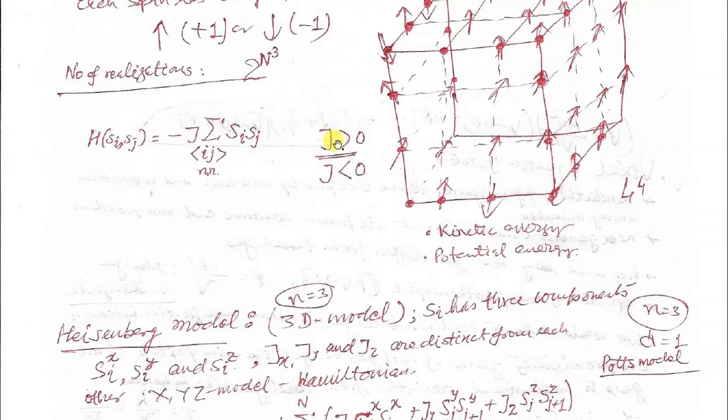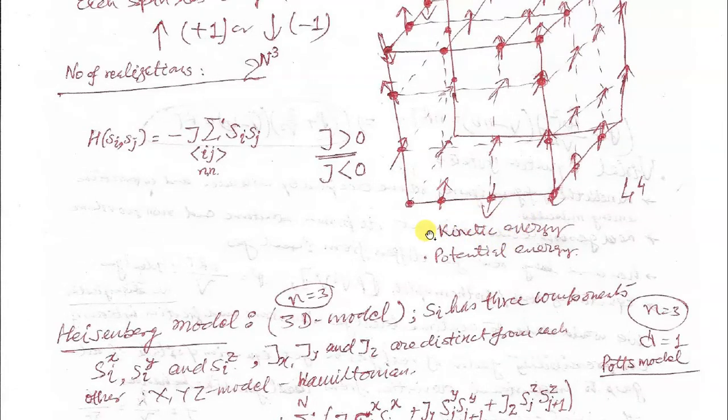When J is positive, the spins will align parallel to have a minimum energy configuration. When J is negative, the spins will align anti-parallel to each other, so that you have a minimum energy configuration. So remember, there is a potential energy because of spin interaction, the J term, and there is a kinetic energy because of temperature.